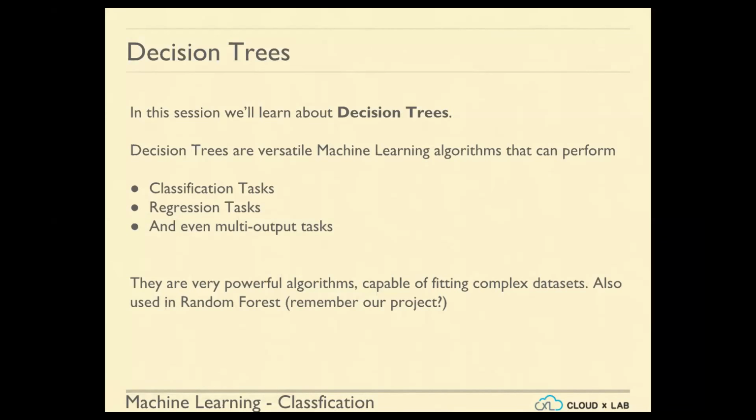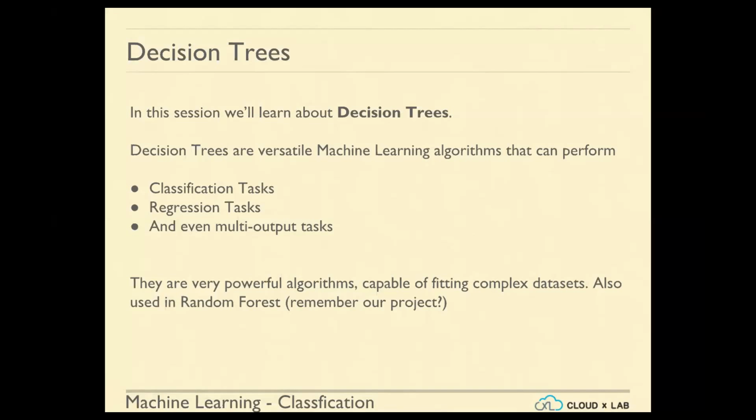Wonderful. So decision tree is a very interesting topic, because the one that we learned in the first session in the end-to-end project was actually the decision tree. It's a very powerful one.